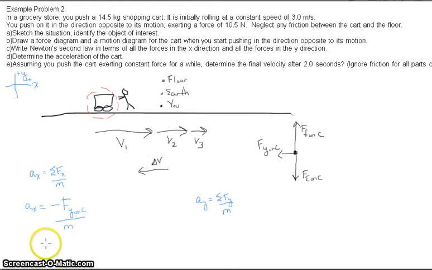Now if we substitute in the 10.5 newtons of force, and it's going to the left, which means I need to include the negative, and divide by the 14.5 kilograms, we should get an acceleration of 0.75 meters per second squared, but that is opposing the motion.